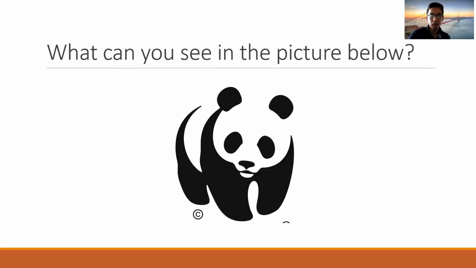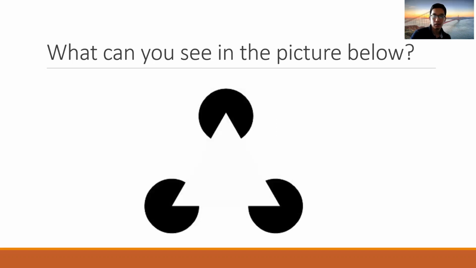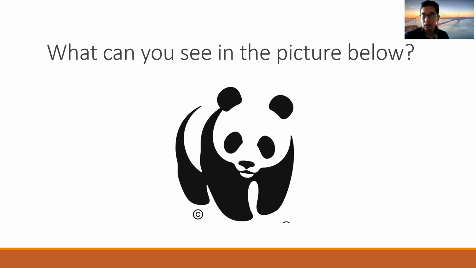For example, here, what we see is a panda. How do we tell it's a panda? It's not a real panda that we see usually. If you look at the details of this picture, this part is totally black. This part is black, right? We do not really see the feet of a panda. We do not really see the eyes, but we can perceive that's a panda.